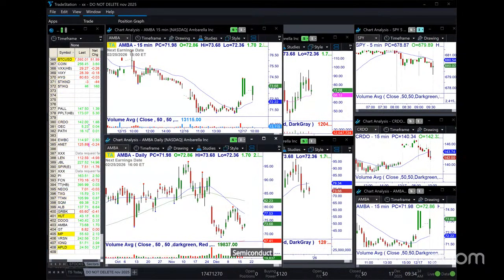Semiconductors whip back down kind of hard. Q's are holding here. Banks up.